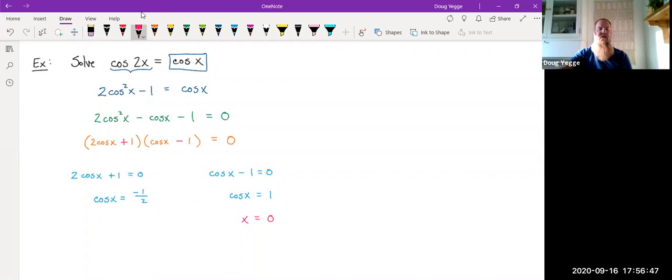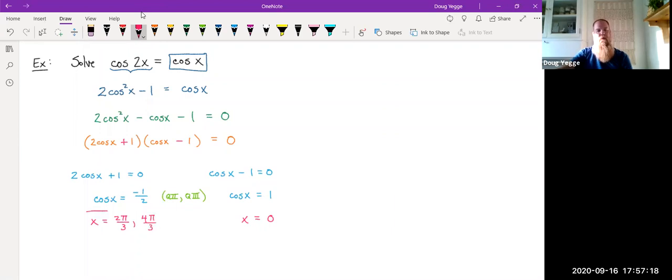And we can see that cosine x is -1/2. Remember, cosine is negative in quadrant 2 and in quadrant 3. And so my answers that I give should be in quadrants 2 and 3. And so my other answers are where cosine is -1/2, which is going to be at the pi/3 reference angle in the second quadrant, and in the third quadrant.